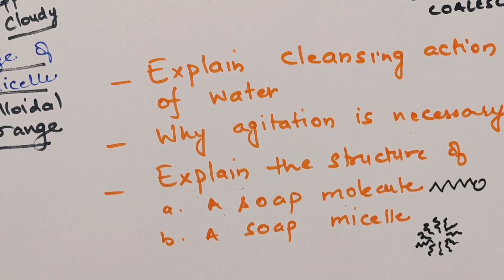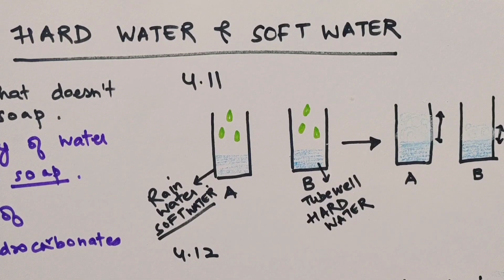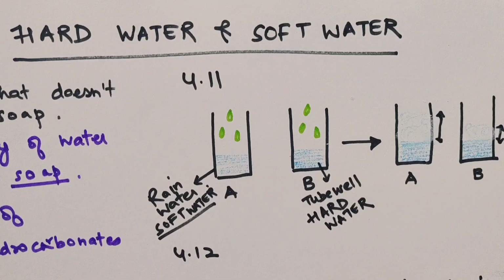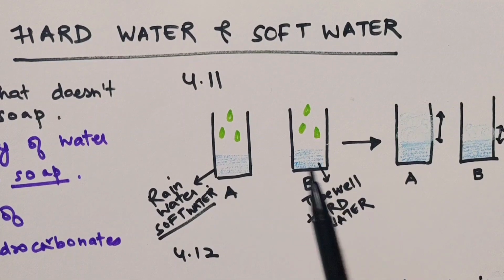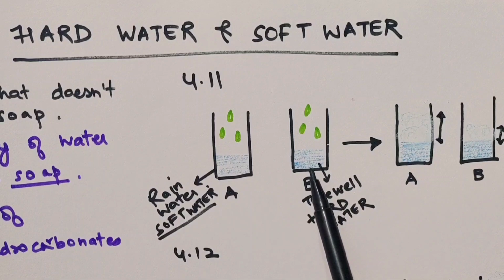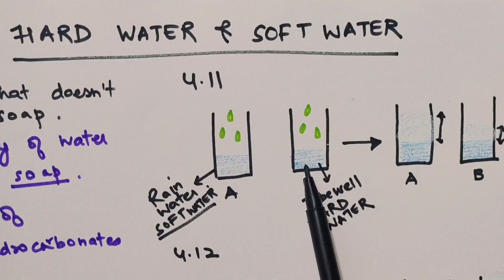Next, we will be talking about hard water and soft water. For that, let's begin with Activity 4.11. Here in this activity, we have taken two test tubes with the same amount of water in both, just that the water is not the same.